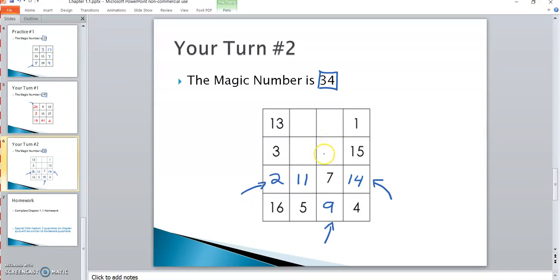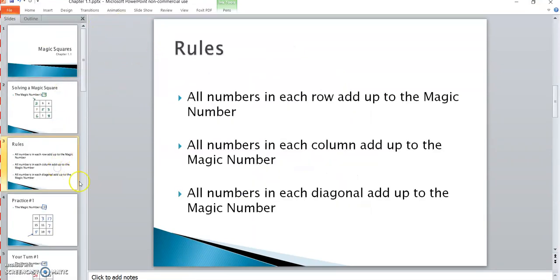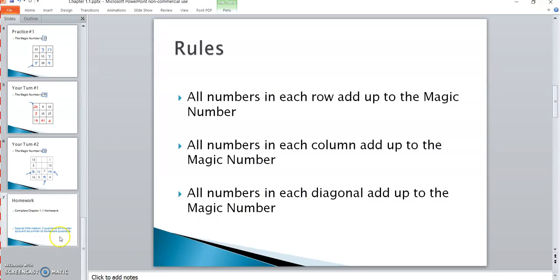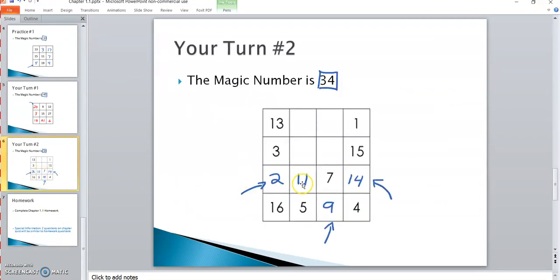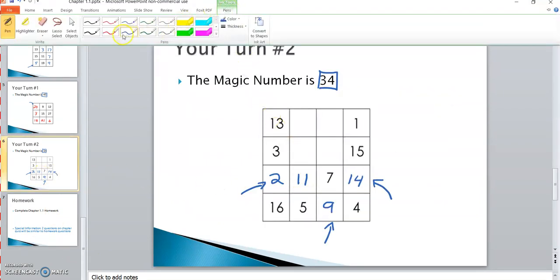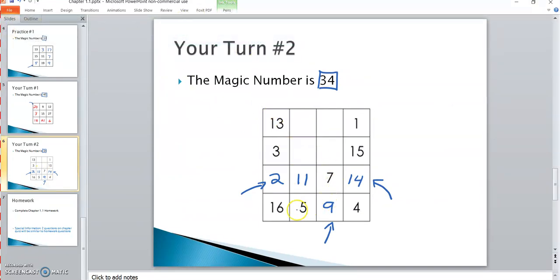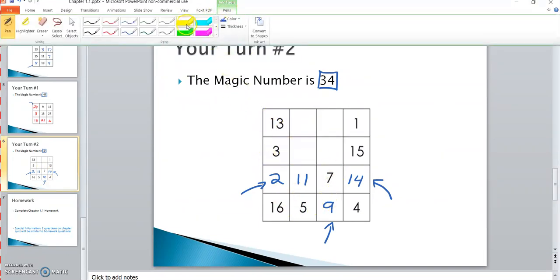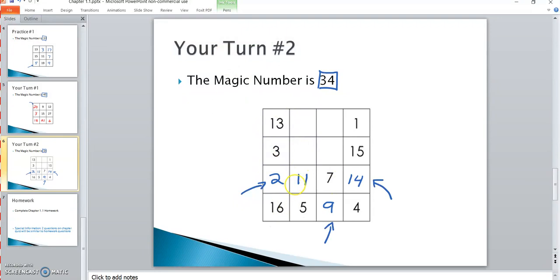But here is how we can get unstuck. The last rule for magic squares is that all numbers in each diagonal add up to the magic number. So in this one, what we can do is look at this diagonal right here.